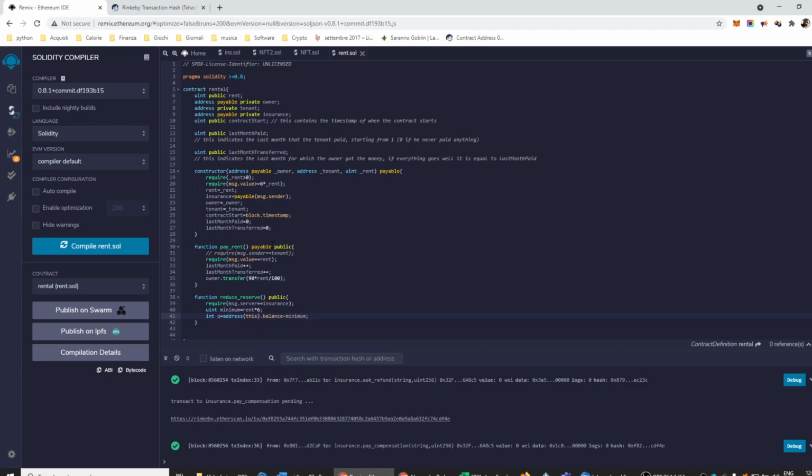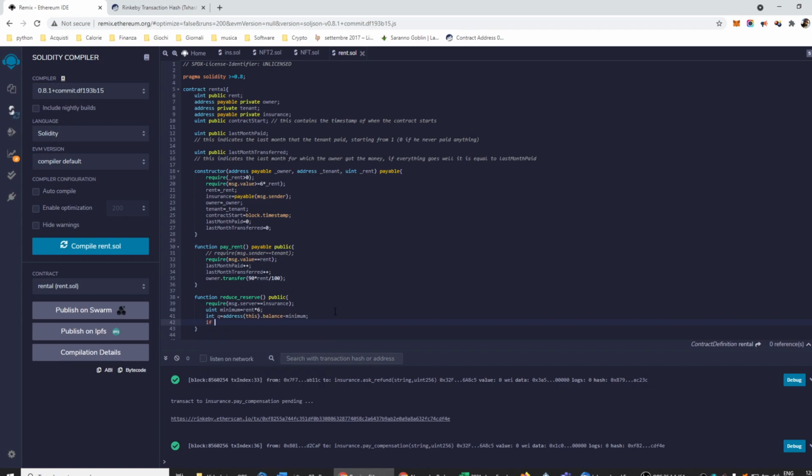It could be that address this balance is below the minimum. Why? Well, perhaps because, as we'll see later on, the owner has required a refund because the tenant did not pay. So it could be that this thing here is already below the minimum.